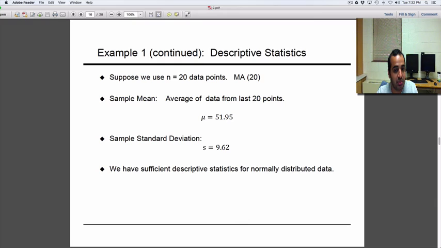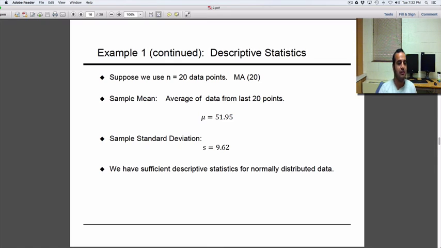Let's do an example for predictive statistics using 20 data points. Again, when the data is normally distributed, the descriptive sample mean is sufficient for the mean of the prediction. The mean for prediction is the same, 51.95. We expect that the demand in the next period is going to be 51.95 on average.